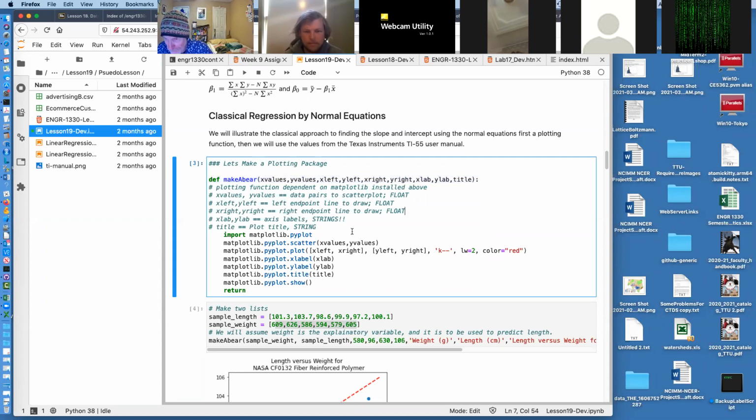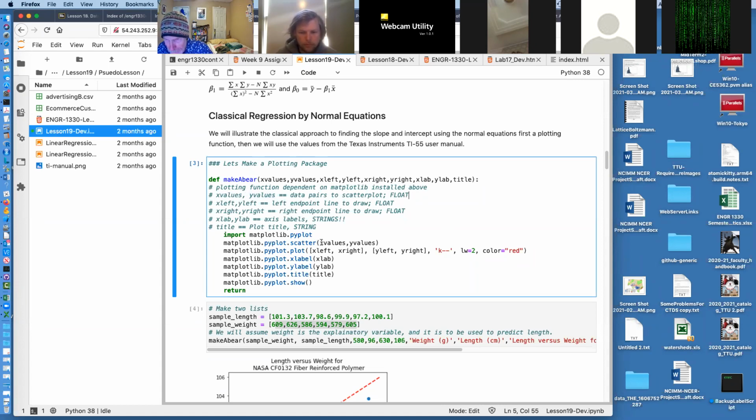It's a function. And we even have some comments here that are kind of telling us how to use the function. It says it's a plotting function dependent on matplotlib library installed above. Looks like I import it every time I call the function anyway. The x values and y values are data pairs to feed to the scatter plot. They have to be floats, and they probably should be lists.